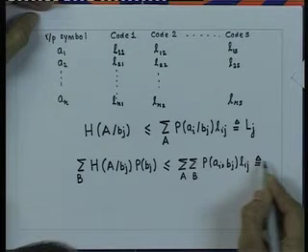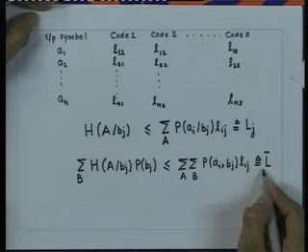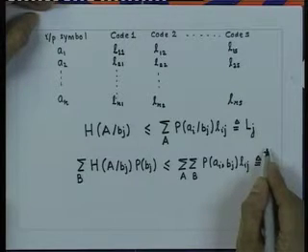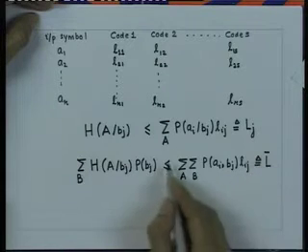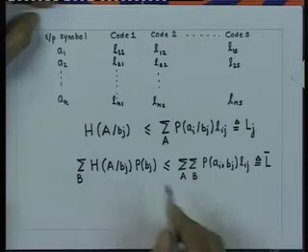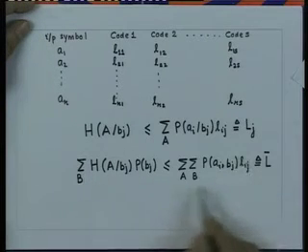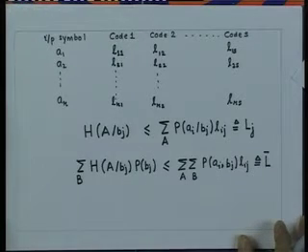By definition, we will call this the average number of bits per symbol from the A alphabet, average with respect to both the input and output symbols. This relationship is similar to what we had done earlier for a single source.